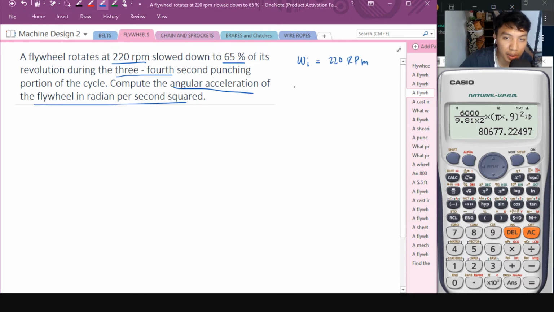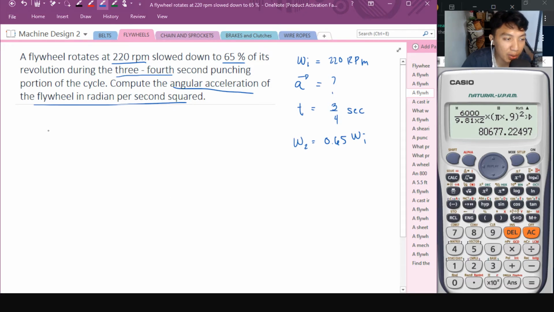Ang hinahanap sa'yo is angular acceleration. Okay? Angular acceleration in radians per second squared. Now, sabi dyan, 65% of its revolution during the 3/4 second. So, t is equal to 3/4 second. O, ngayon, 65% of its revolution, ibig sabihin, yung W2 mo is 0.65 nung W1 mo.